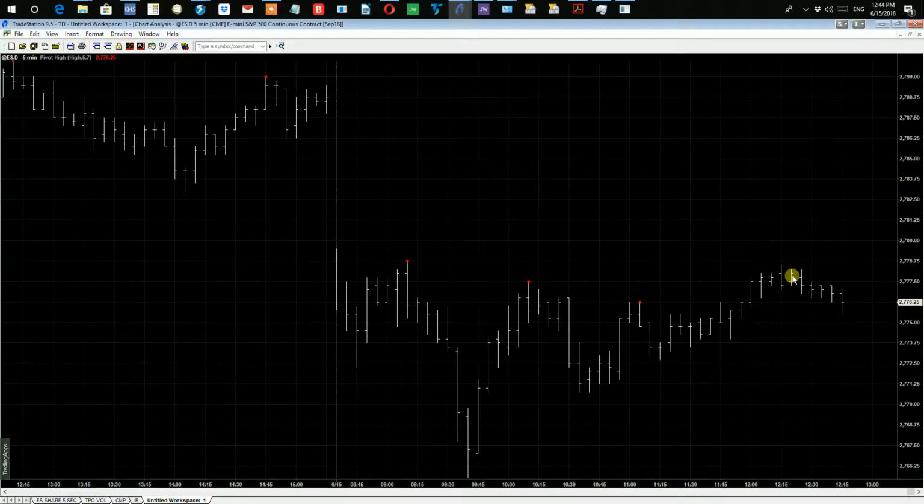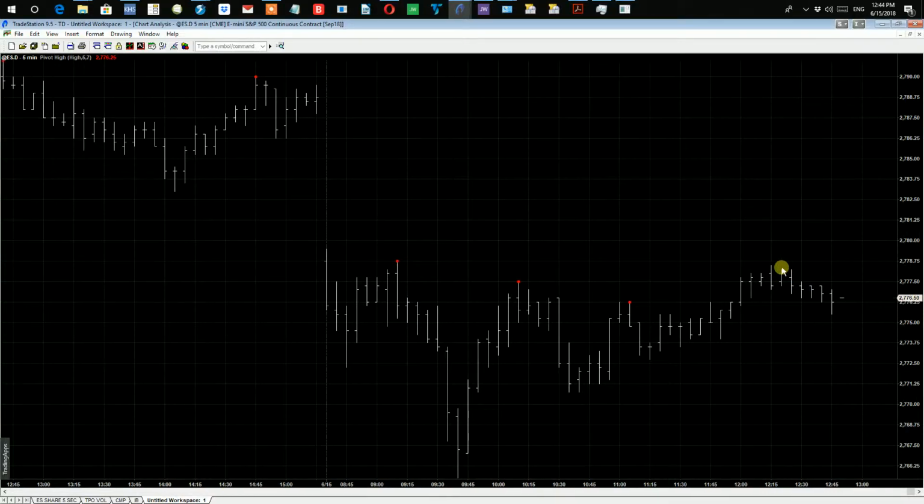That means that it can't show up until 7 bars have closed to the right. 1, 2, 3, 4, 5, 6, 7. 7 bars haven't closed to the right yet. Once that happens, this will show up as a pivot.